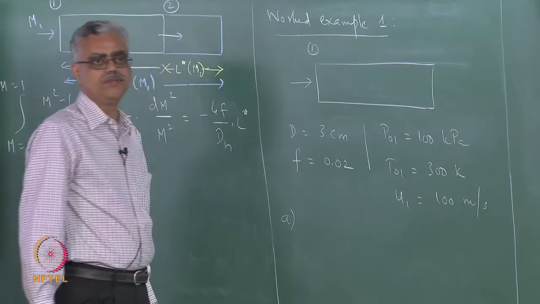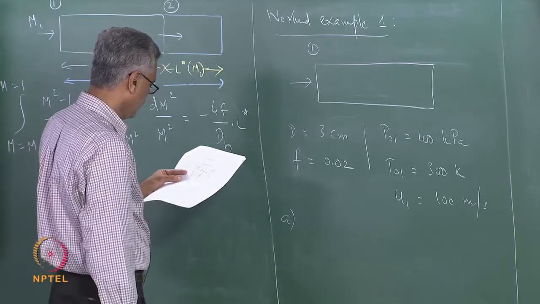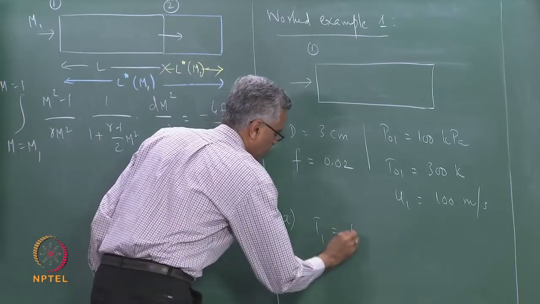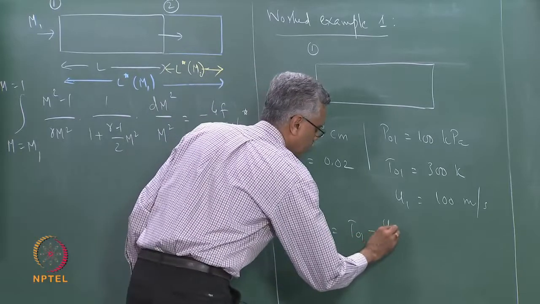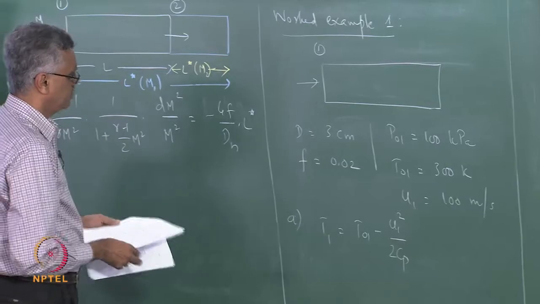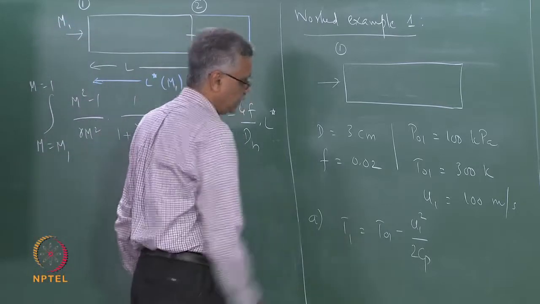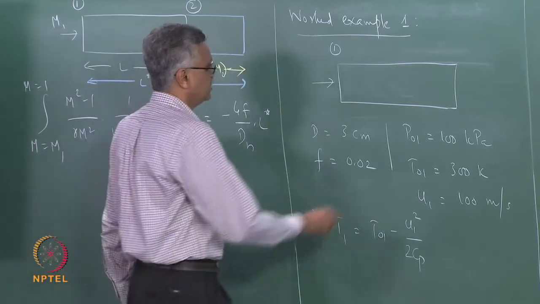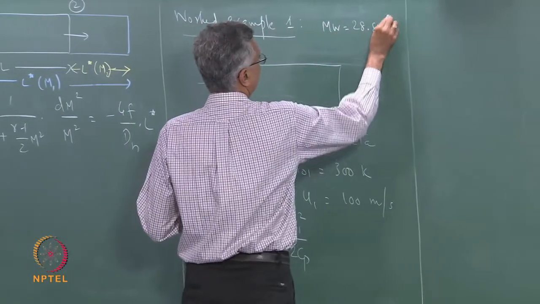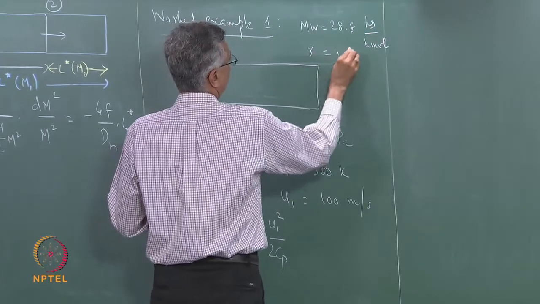So, to calculate mass flow rate we need to know the static conditions, stagnation conditions are given here. So, let us start with the static conditions. So, T1 is going to be T01 minus U1 square over 2 Cp, and if you substitute the numbers that are given here for T1, T01 and U1, and we will also say that the molecular weight, we will use molecular weight for air to be 28.8 kg per kmol, and gamma for air to be 1.4.